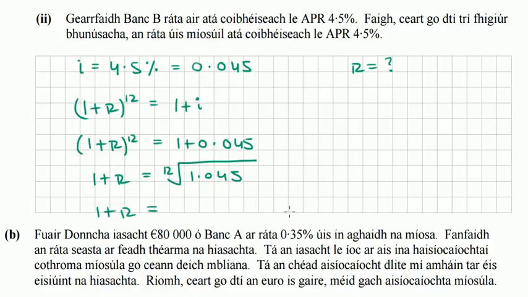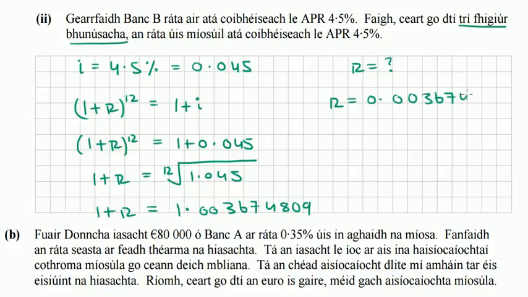So using our calculator, we get 1.003674809. So again, we're asked to give it to three significant figures. First of all, when we subtract 1 from both sides, it's going to be 0.003674809.